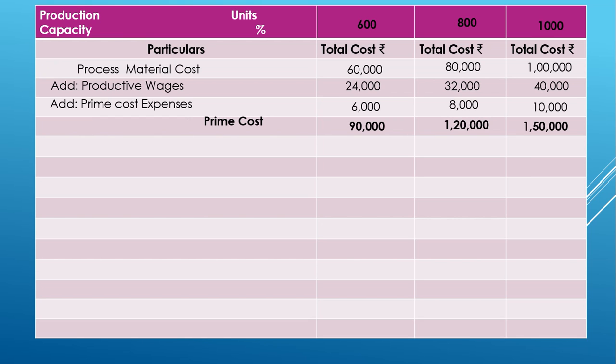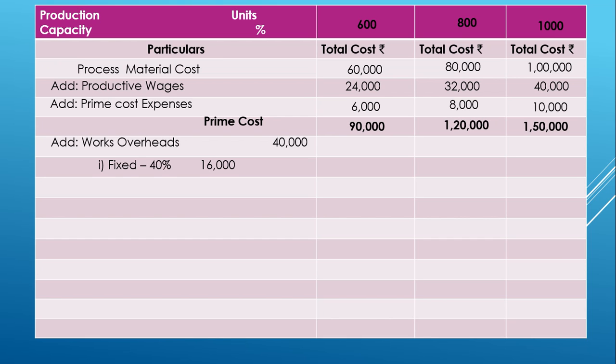Then to the prime cost we add our factory overheads or works overheads. So in our given example, total works overheads are given as 40,000. Therein 40% are fixed. So if you calculate 40% of 40,000, we will get 16,000 fixed.